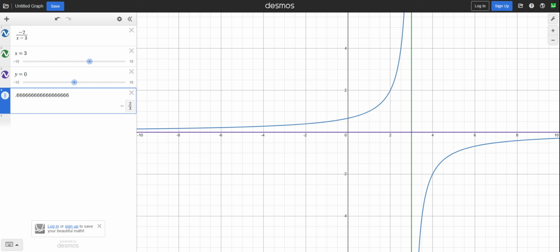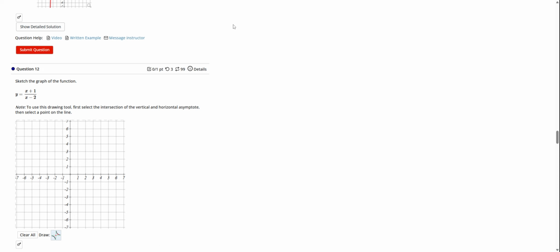I do want to look at number 12. 9 and 11 are just picking the correct problem. But number 12 is graphing it.